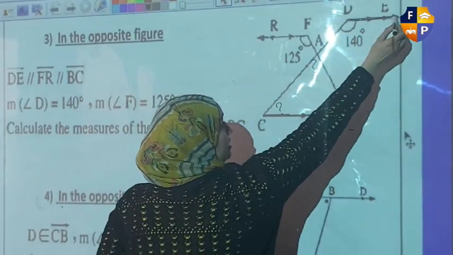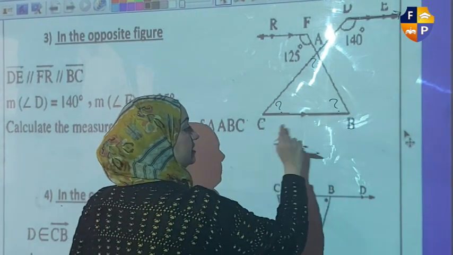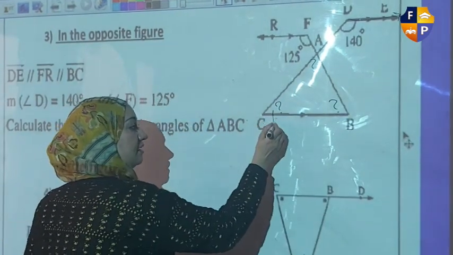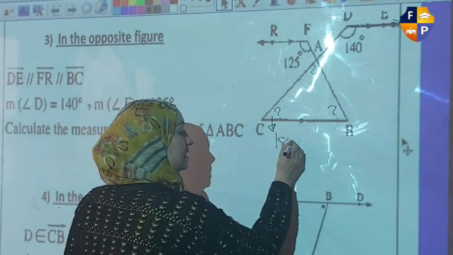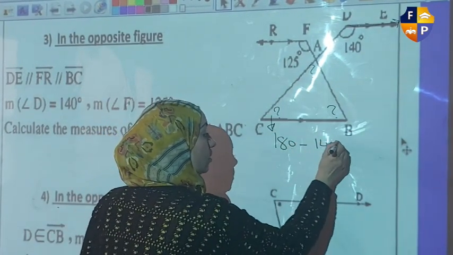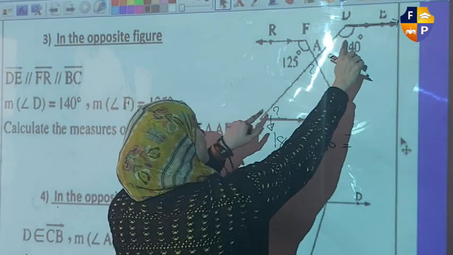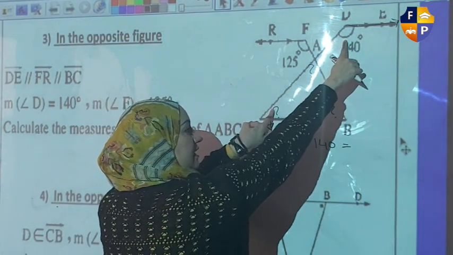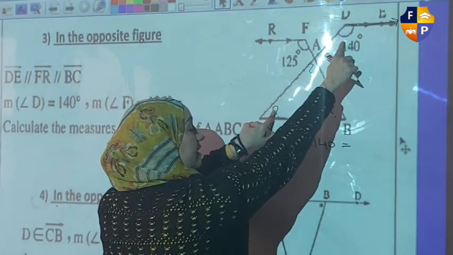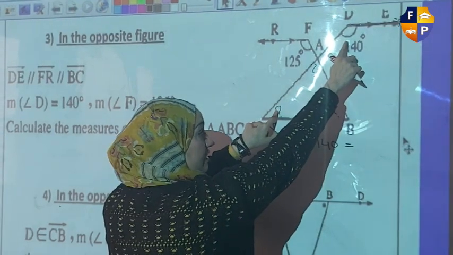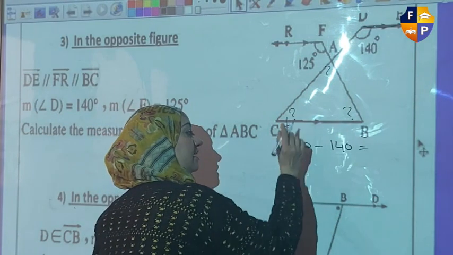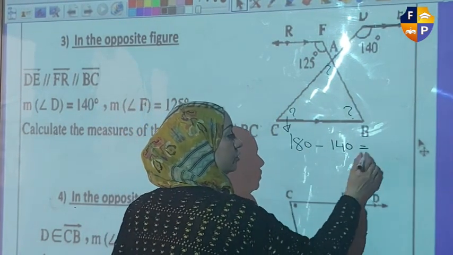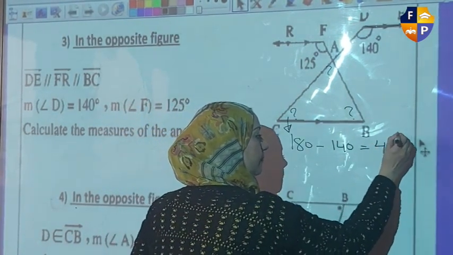Here, this ray is parallel with CB, so this angle I'll get with 180 minus 140. Why? Because these are interior angles, and their sum equals 180. So this angle is 180 minus 140 equals 40 degrees.